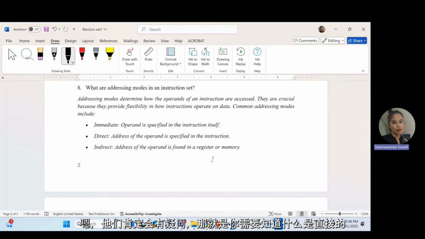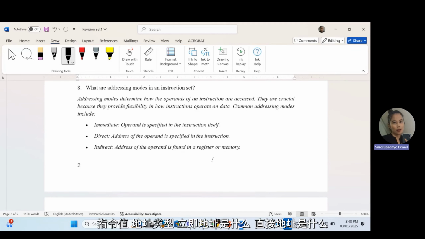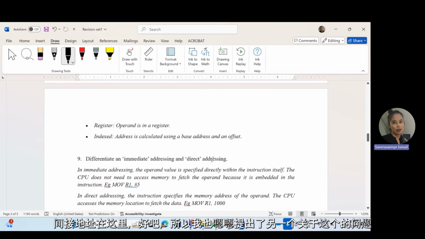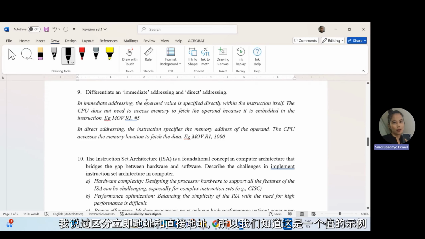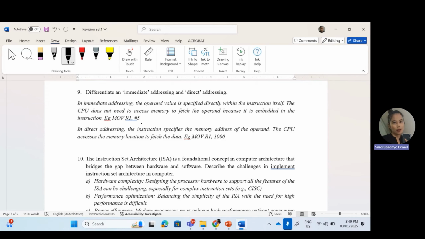They will definitely have questions on what the immediate value is and the address types. What is the immediate address? What is a direct address? What is an indirect address? It is in here. I also put in another question: differentiate immediate address and direct address. This is an example of a value. If you apply an immediate value, this is a direct value.